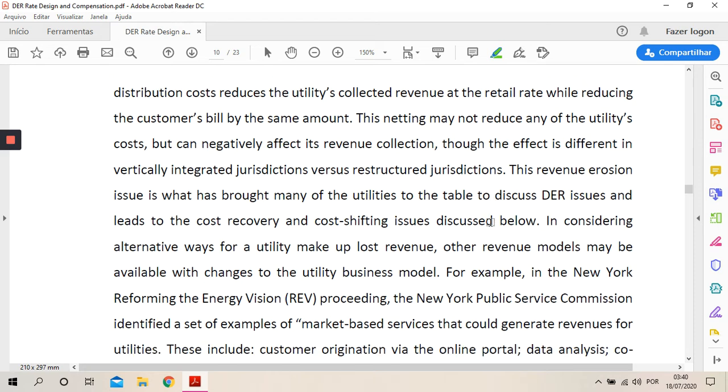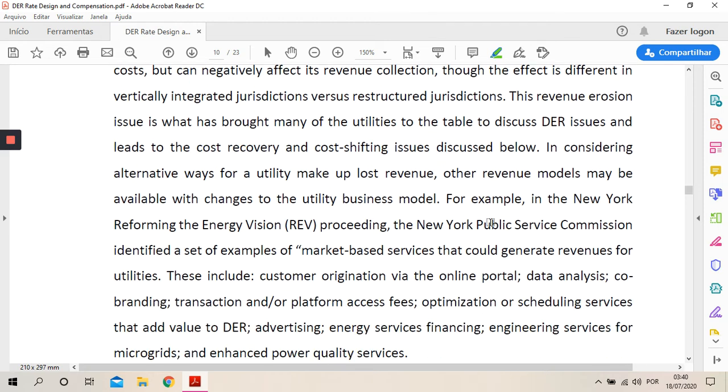This netting may not reduce any of the utility's costs, but can negatively affect its revenue collection, though the effect is different in vertically integrated jurisdictions versus restructured jurisdictions. This revenue erosion issue is what has brought many of the utilities to the table to discuss the DER issues and leads to the cost recovery and cost shifting issues discussed below.